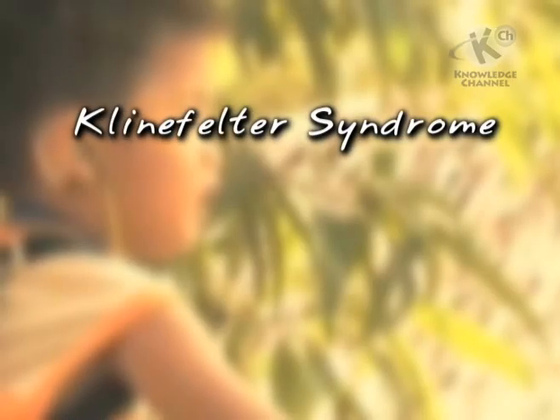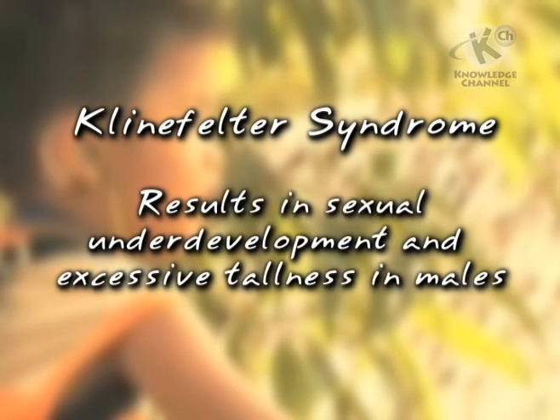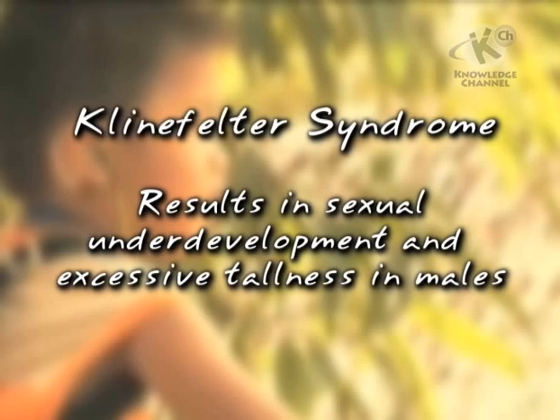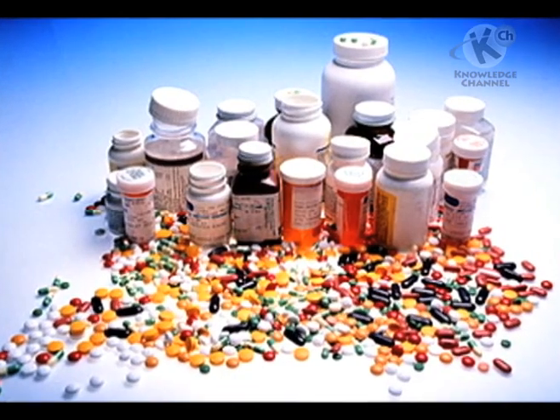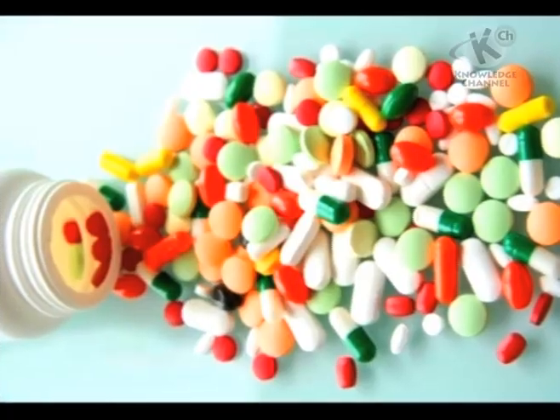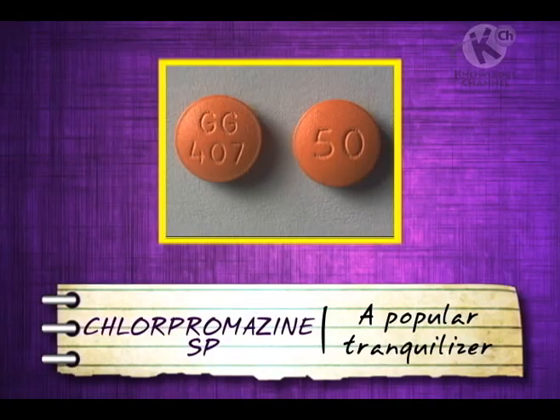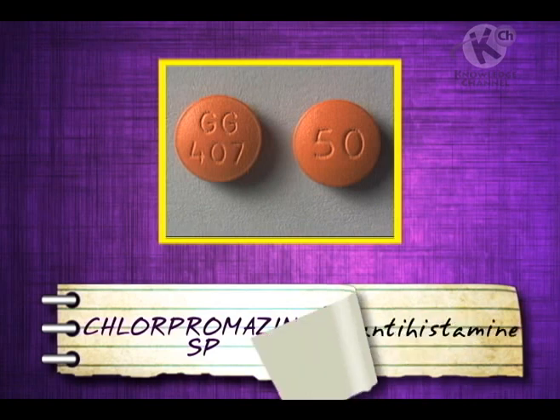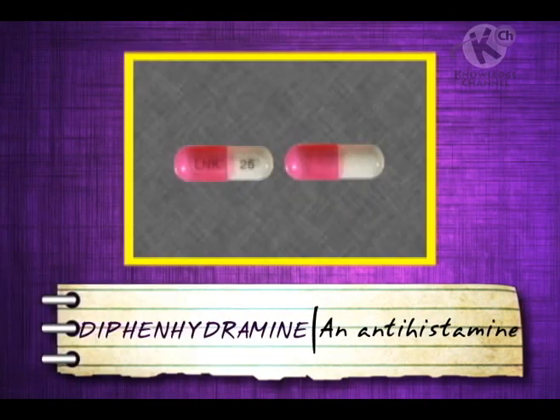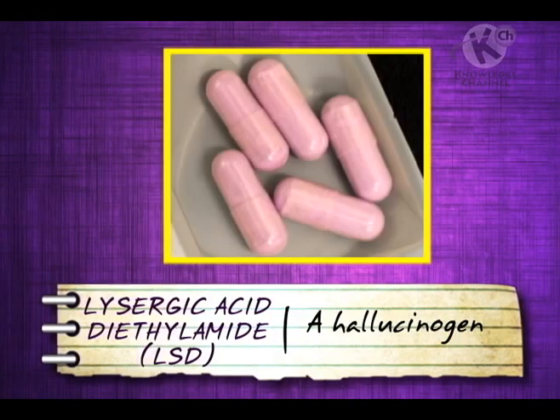Klinefelter syndrome, on the other hand, results in sexual underdevelopment and excessive tallness in males. Several drugs may cause breaks or other abnormalities in the chromosomes, such as chlorpromazine, a popular tranquilizer, diphenhydramine, an antihistamine, and LSD, a hallucinogen.